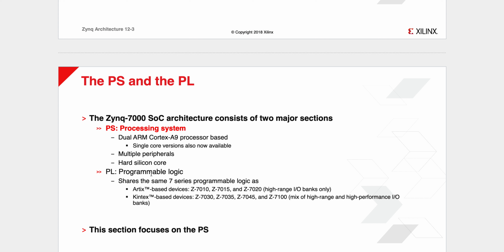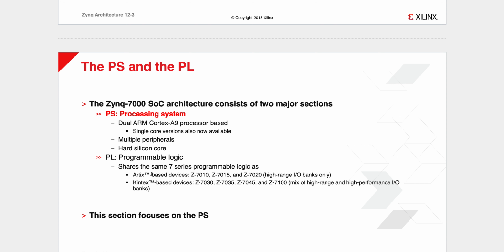So we are going to move to a section of the processing system, which is the ARM Cortex A9. What we have covered so far is that the Zynq system on chip, the 7000 series, consists of two sections: the processing system and the programmable logic section.